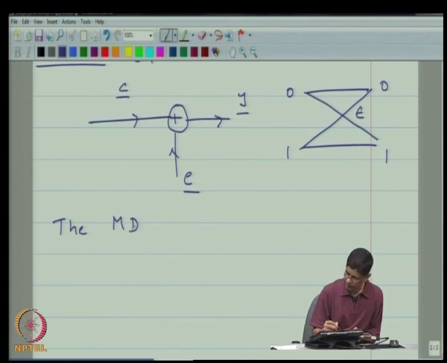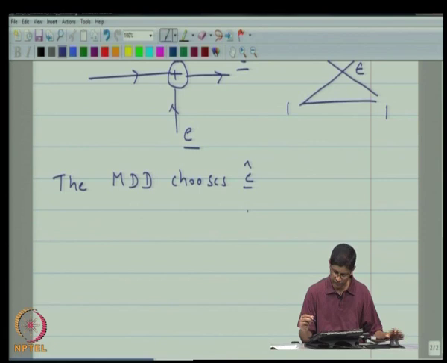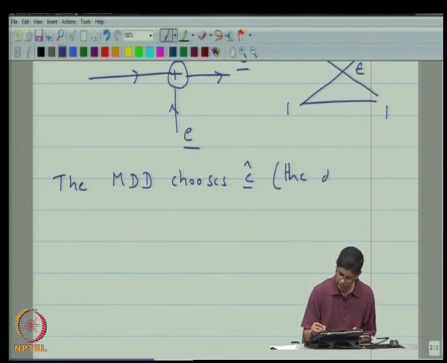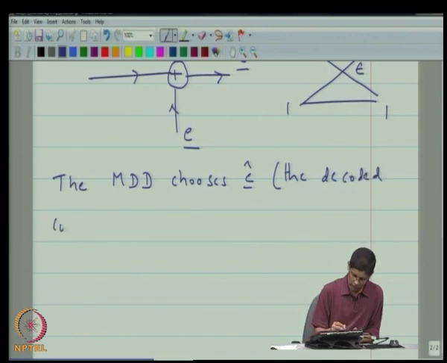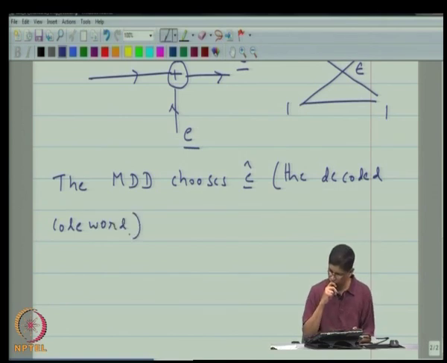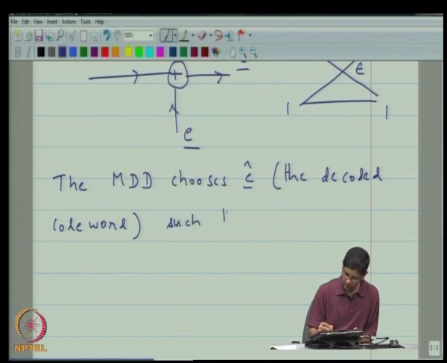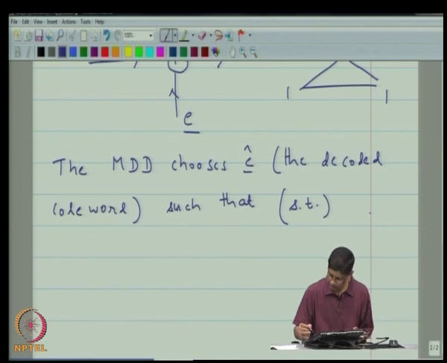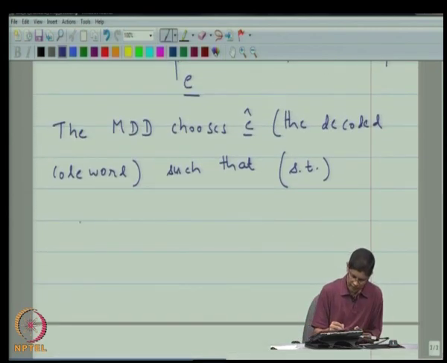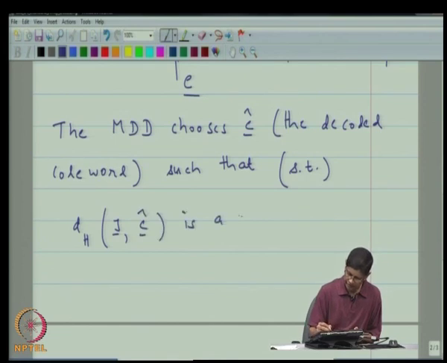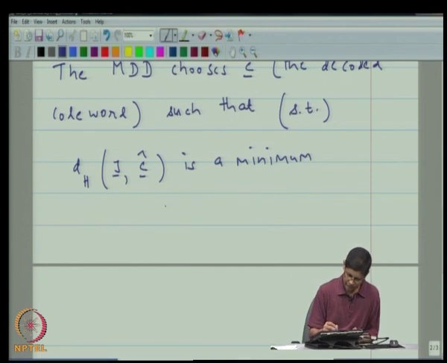The minimum distance decoder chooses C hat, and by C hat we will mean the decoded code word, such that, and I have told you that I will abbreviate this by S.T., such that the Hamming distance between y and C hat is a minimum under the restriction that C hat belongs to the code.